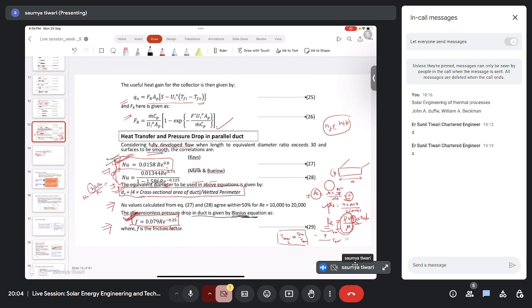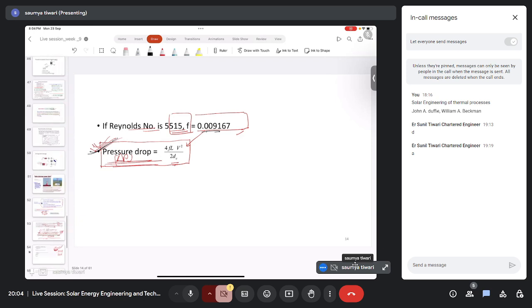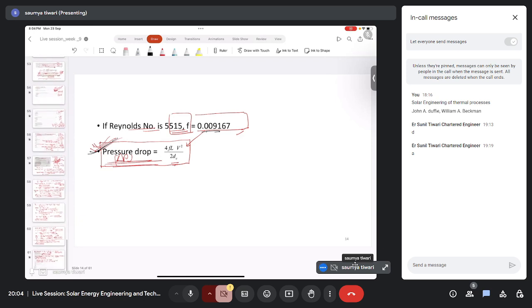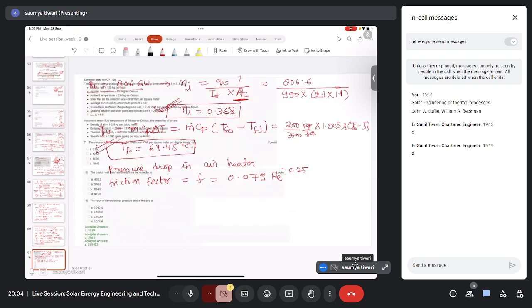The Blasius equation is used to calculate this friction factor, and for the Reynolds number, the friction factor is already given, and the pressure drop corresponding to that friction factor is given by this equation. So just to correlate, I have shown this.